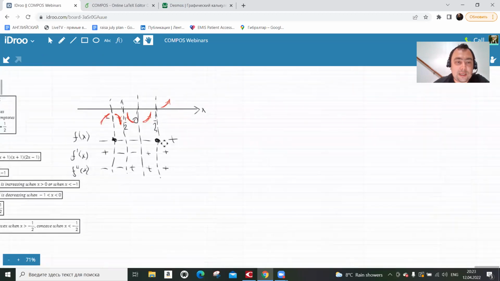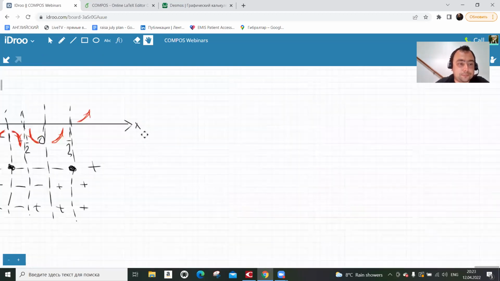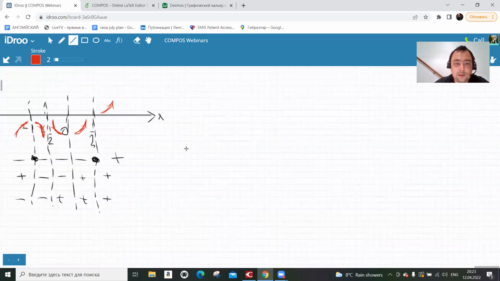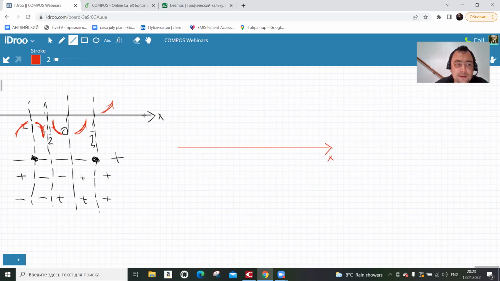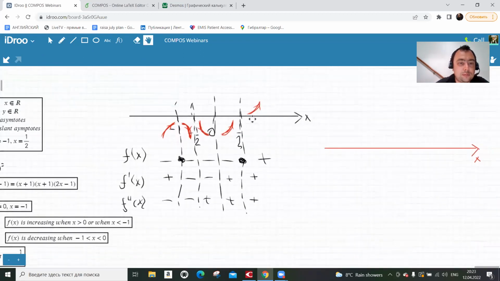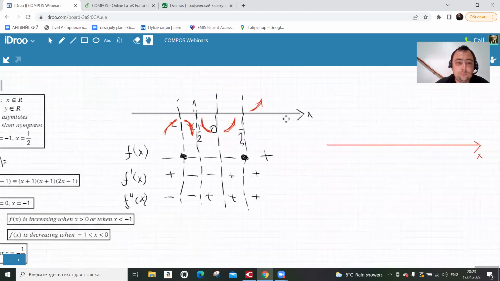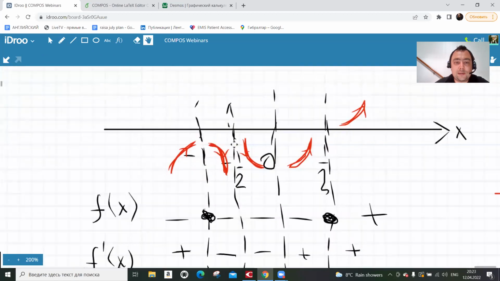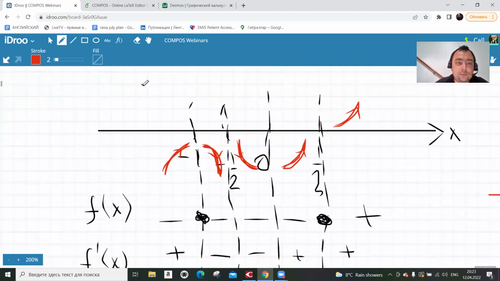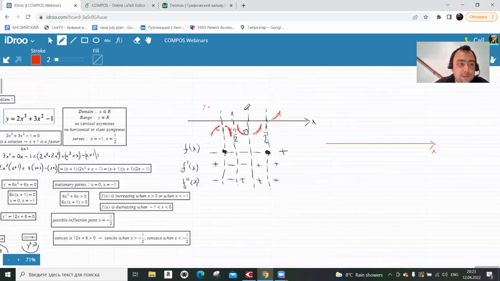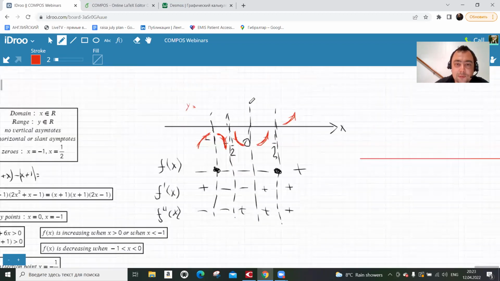All we need now is to find all the values at the critical points. So when x is 0, y is -1.